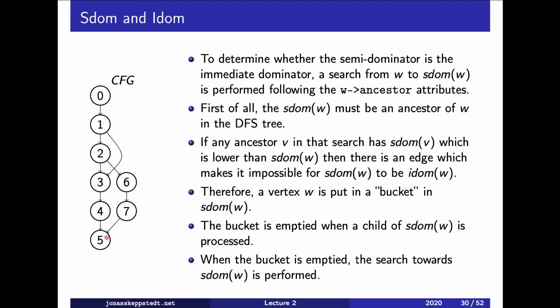That means the immediate dominator of 5 is equal to the immediate dominator of 3. But we don't know the immediate dominator of 3 because we have not checked that part of the graph yet.